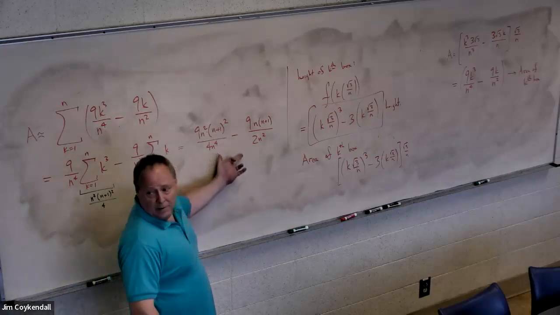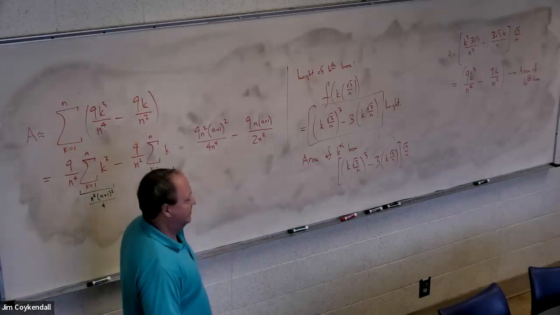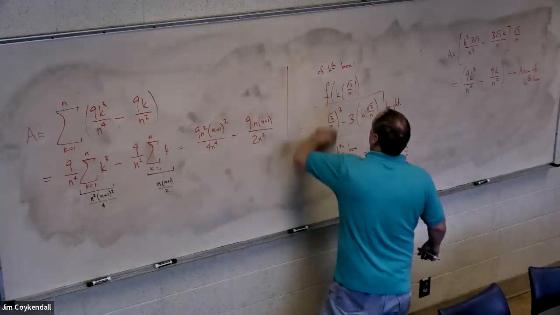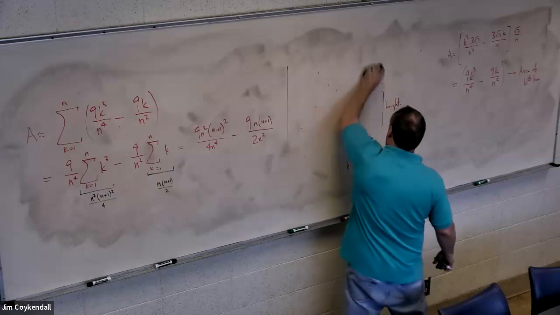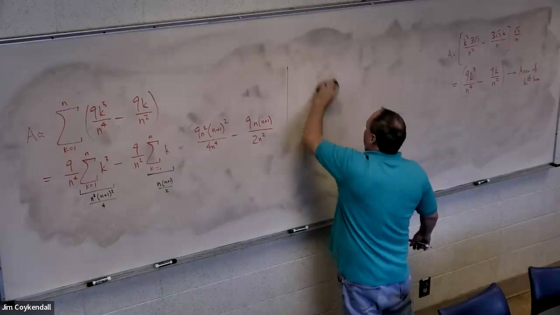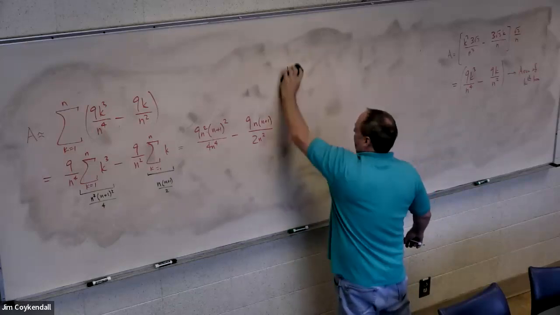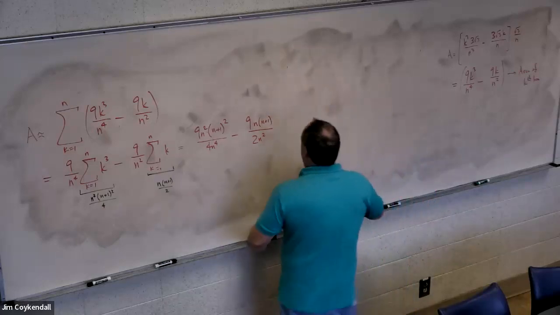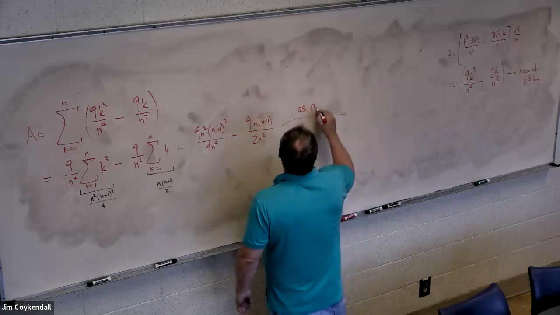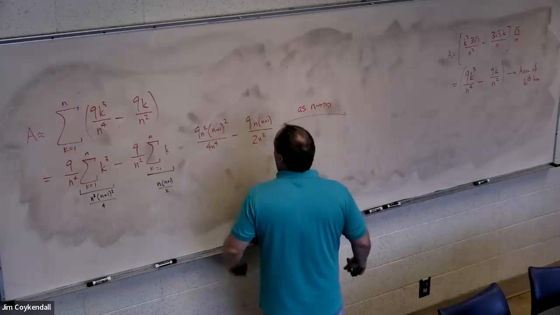There's a nice good formula for area approximation. By the way, what happens as n goes to infinity? This is again the same exercise that we did last time. Let's look at this first.